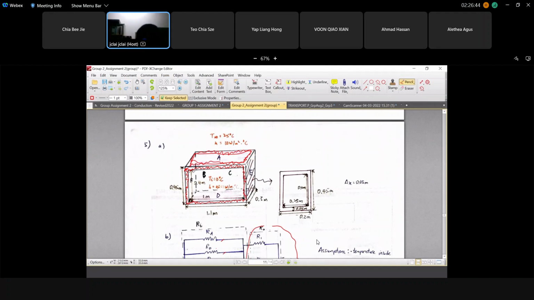Conduction, and we know ice is inside, right? So there is one part, this thickness, the side. Actually, this is difficult to say whether these parts are involved in the conduction, right?